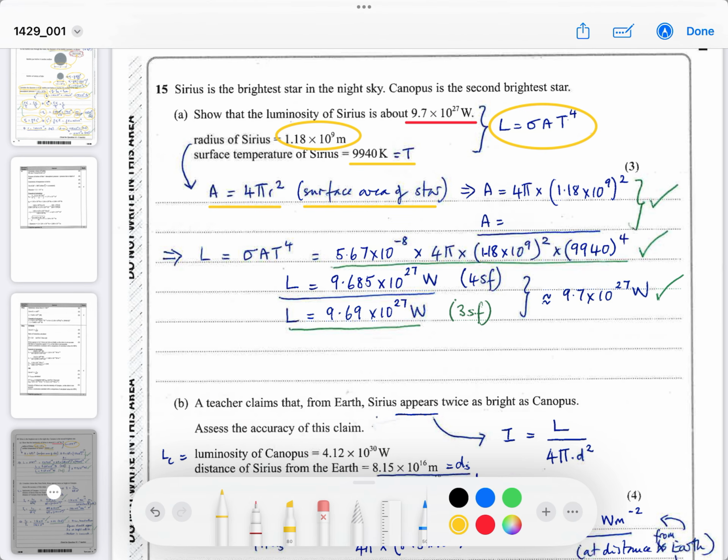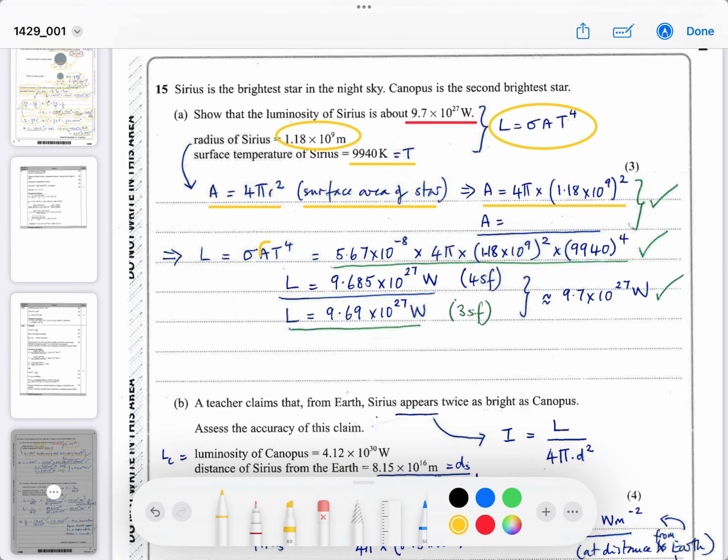So if you do that, 4 pi times the radius squared, you'll come up with an area. They haven't given it in the mark scheme, and I didn't have a calculator to work out that square value. So if you want to do it separately, you can, but you can go straight into it.